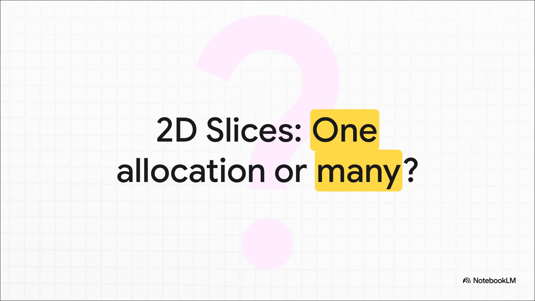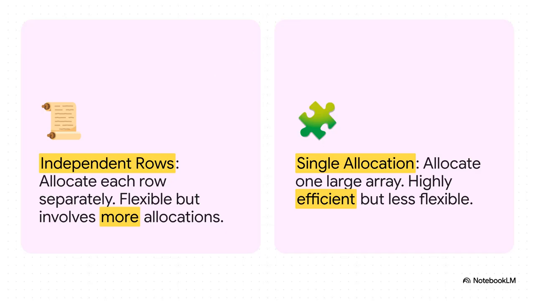This brings us to a really interesting strategic choice. When you go to build that grid, you have 2 main ways you can set up the memory, and the path you choose has real-world consequences for your application's speed and performance. So here's the trade-off. On the one hand, you can create each row one by one, independently. This gives you a ton of flexibility, but it also means lots of separate memory allocations, which can be slower.